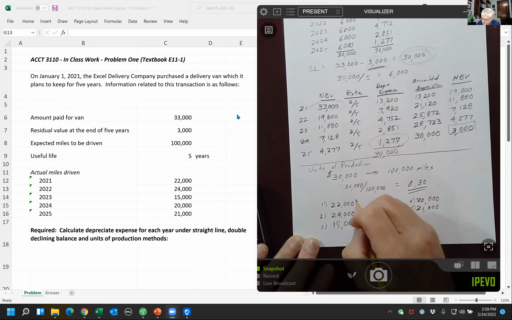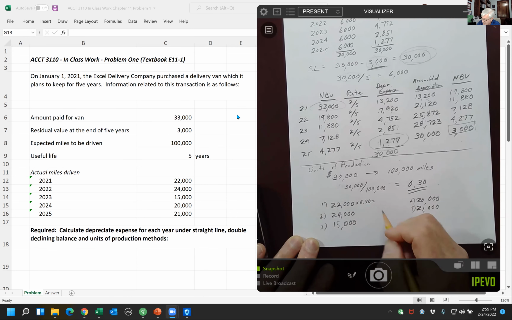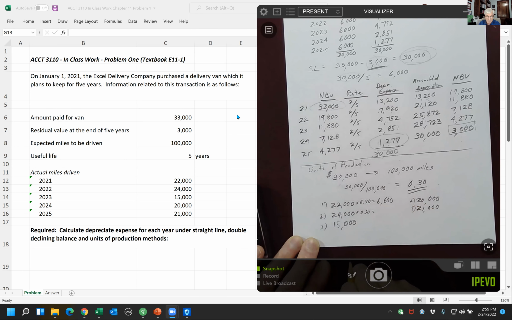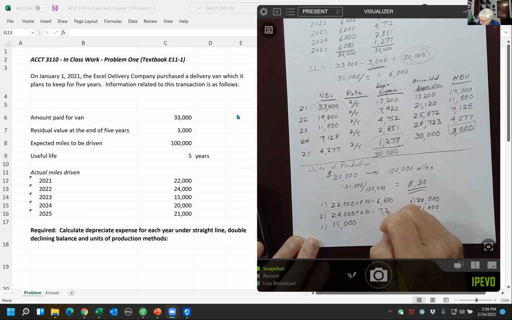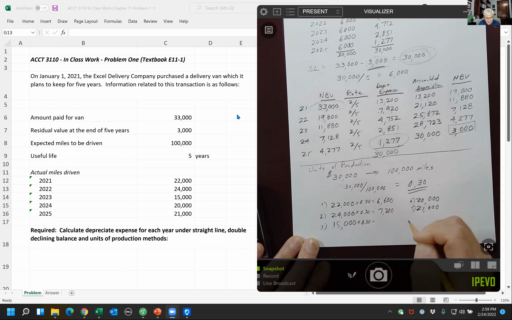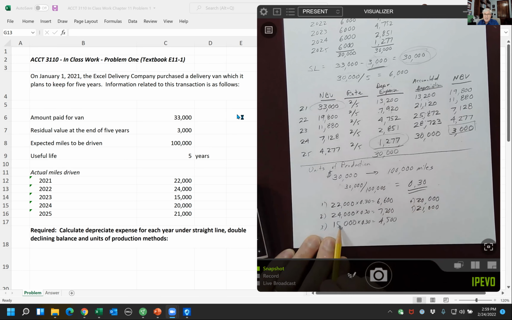So 22,000 times 30 cents, 6,600. 24,000 times 30 cents, 7,200. 15,000 times 30 cents, 4,500. And we look at that. We use it less this year.